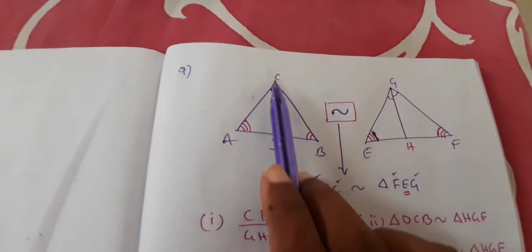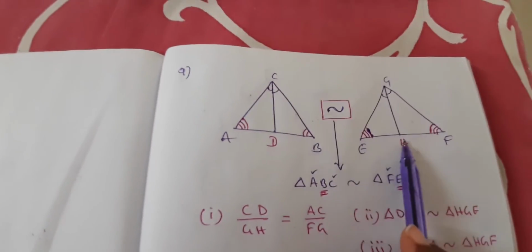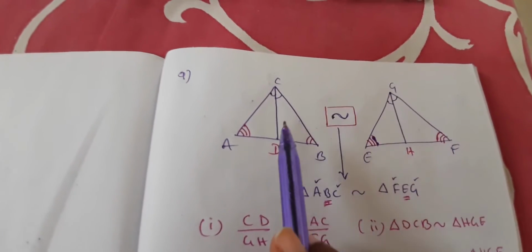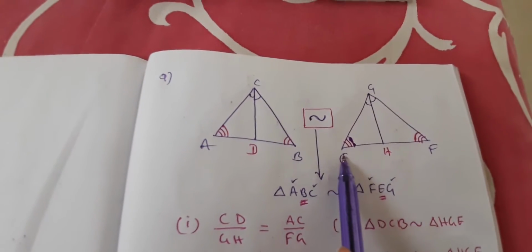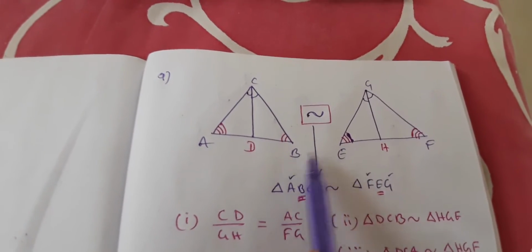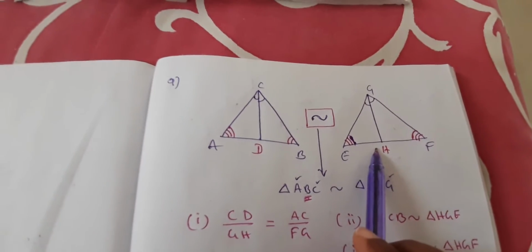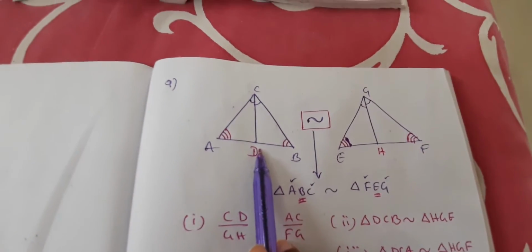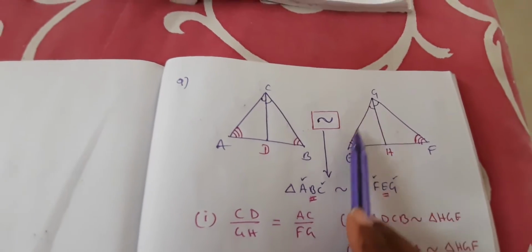Now CD divides C as 30-30 and GH divides G as 30-30. Right? So then it is very much clear that this angle is similar to E. B and E correspond to each other. Then EGH corresponds to BCD. Very good. Right? So two angles are equal.